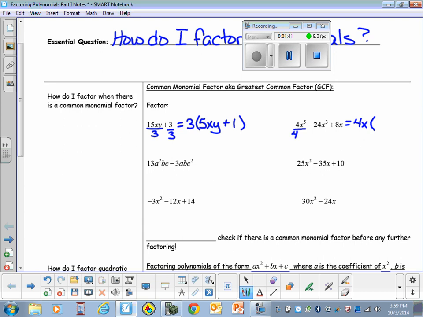So when I divide each of these terms by 4x, let's see, 4 divided by 4 is 1. X to the 5th divided by x is x to the 4th. Negative 24 divided by 4 is negative 6. X cubed divided by x is x squared. 8 divided by 4 is 2. And x divided by x is 1.